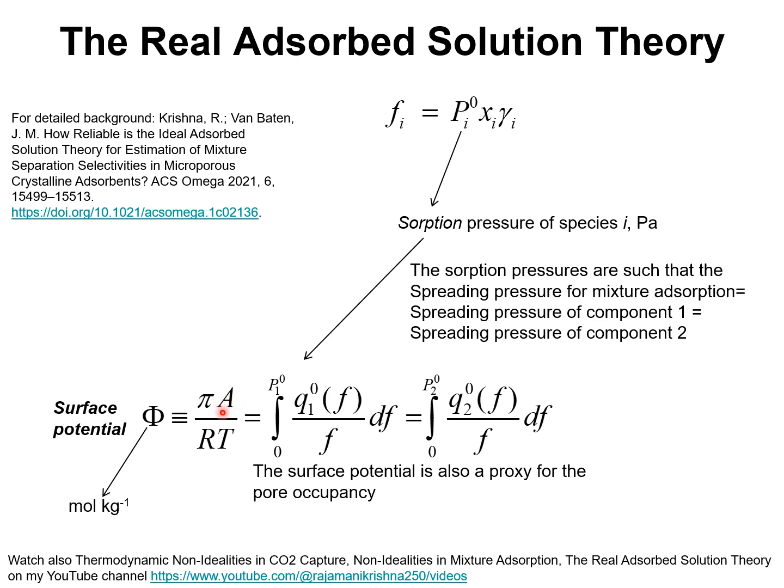A is the surface area per kilogram of the metal organic framework. R is the gas constant, T is the temperature. Since the surface areas are not easily accessible from experiments, it is convenient to define a surface potential φ, which is the product of the spreading pressure times the specific area divided by RT.